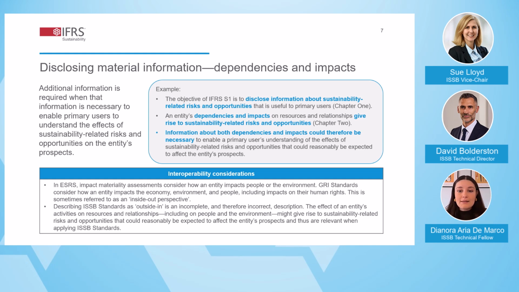And in such cases, information about these impacts and dependencies, if omitted, misstated, or obscured, could reasonably be expected to influence decisions of primary users that they make on the basis of the sustainability-related financial disclosures, then it's required to be disclosed. Now, this wraps up step 3, and the output of step 3, now we have our draft sustainability-related financial disclosures. So moving on to step 4.